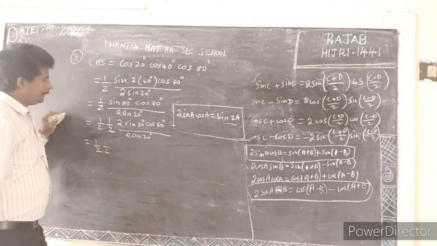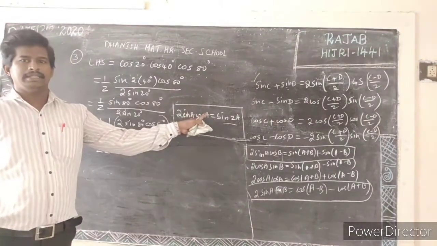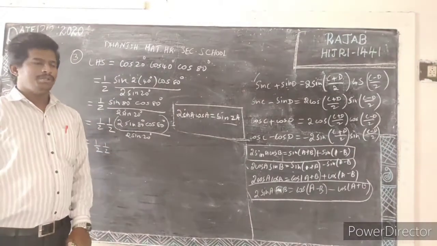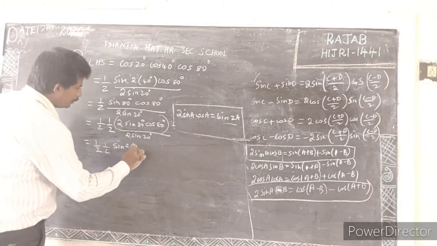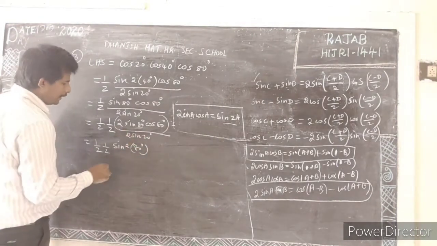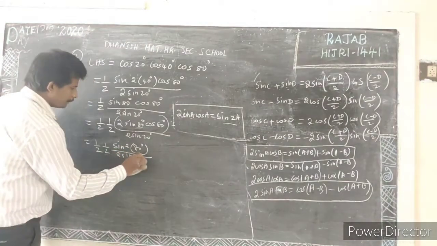Then this is the form of 2 sin A cos A. So it's equal to sin 2A. So sin 2A, here our A is 80 degree, divided by 2 sin 20 degree.